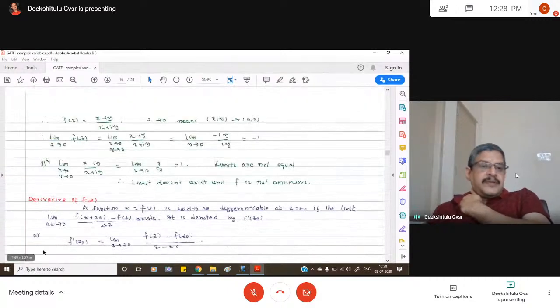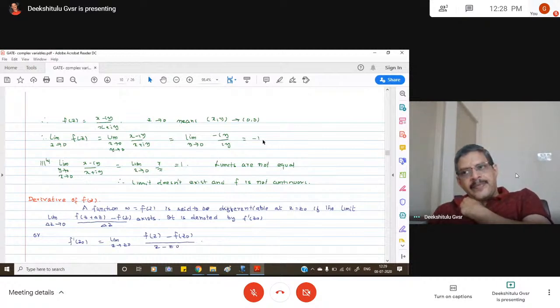So if you observe the second path, where first y tends to 0 and then x tends to 0, the iy and y terms will go, and it becomes x by x. This is 1. What is the limit here? Minus 1. What is the limit here? 1. So the limits are not equal, so the limit does not exist.